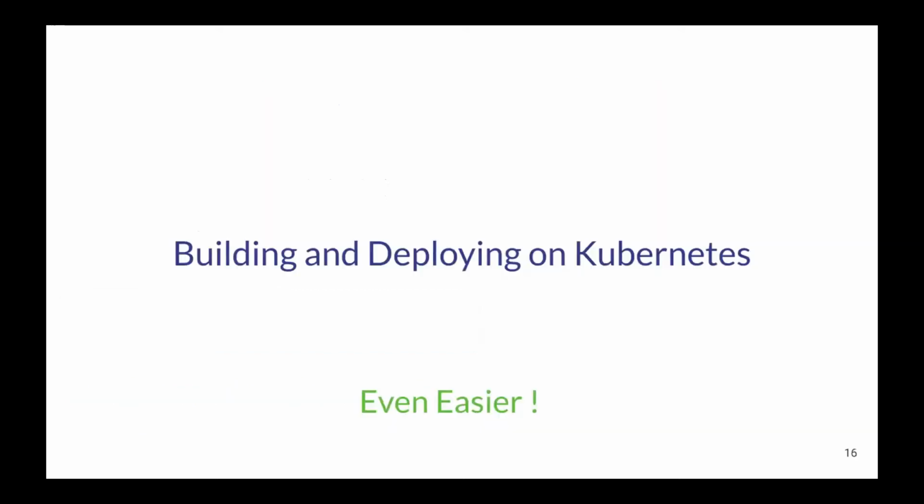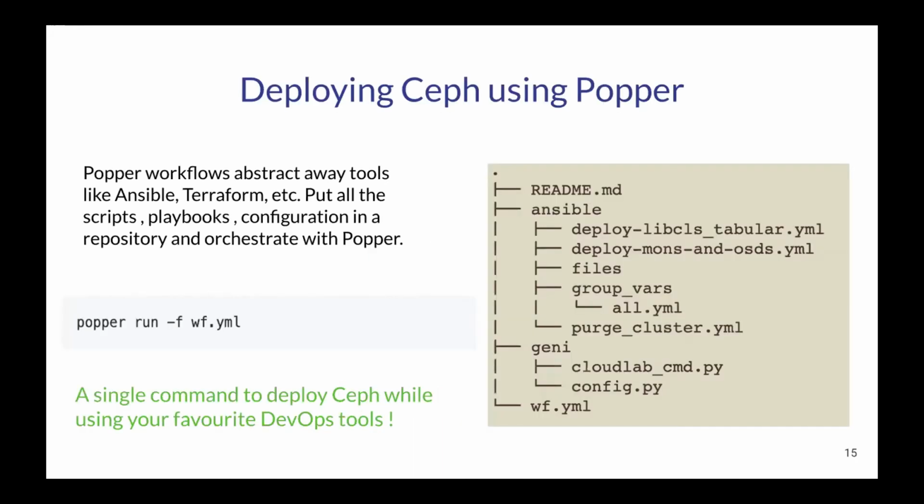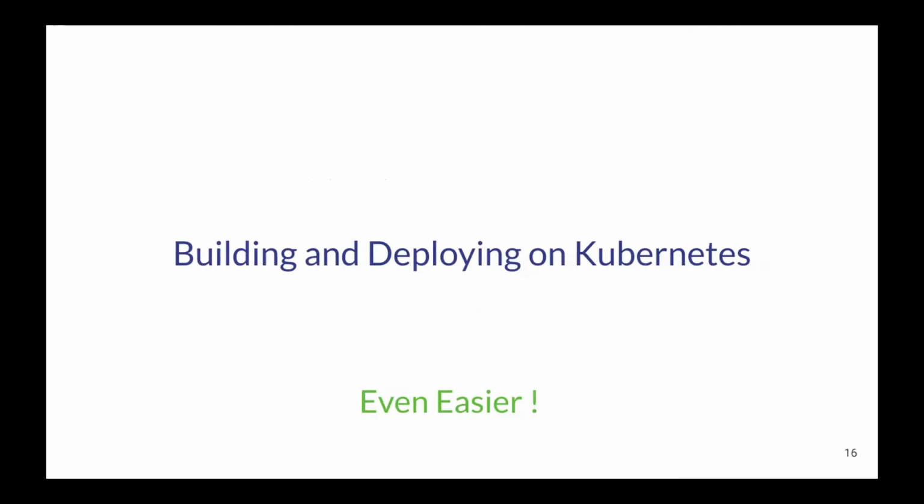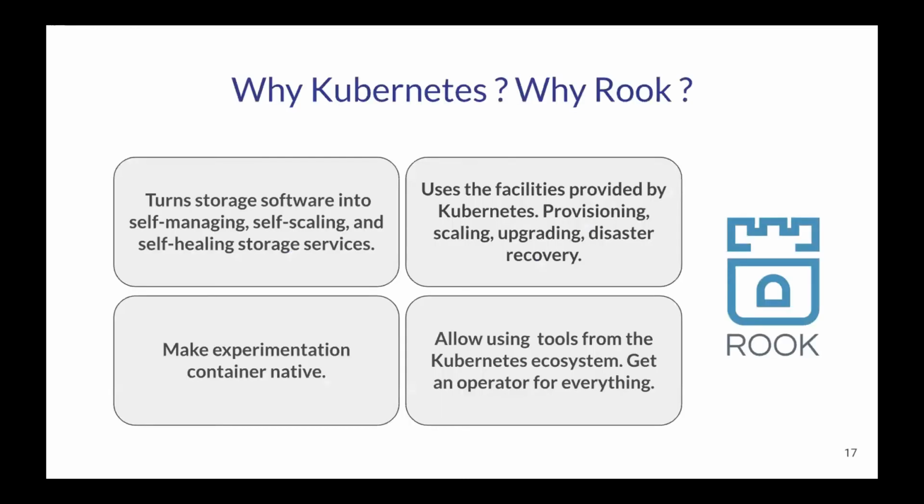Okay, so yeah, this was for deploying on a set of VMs or a set of nodes, and now I will be talking about how deploying Ceph or Skyhook on Kubernetes makes the process even easier. So why Kubernetes? And why Rook?